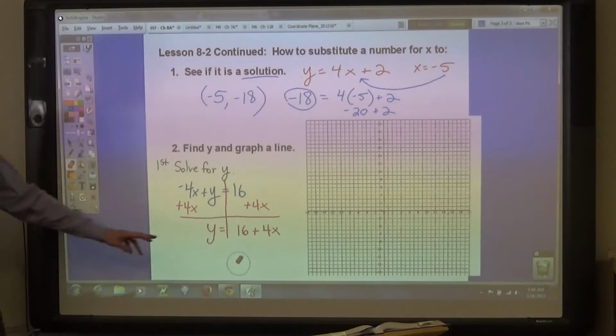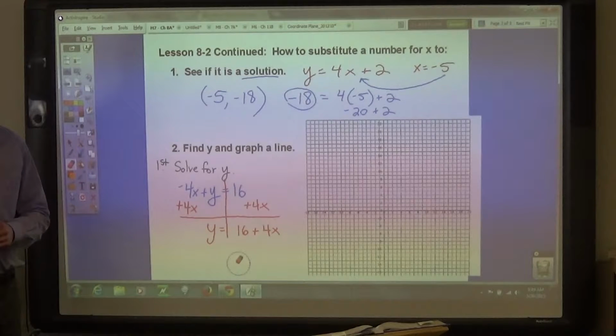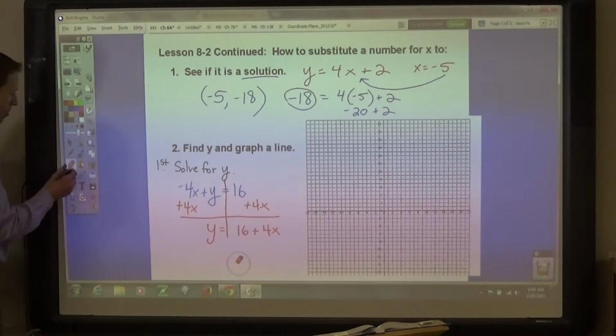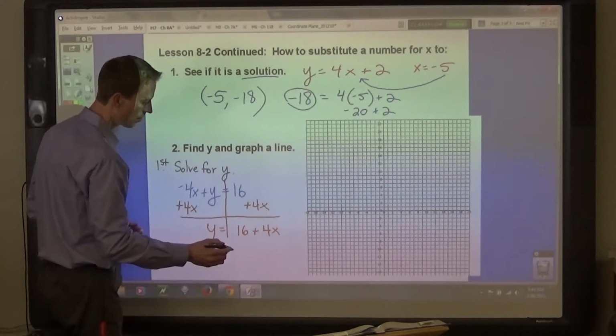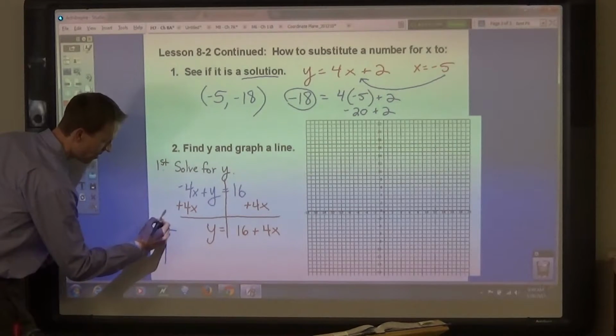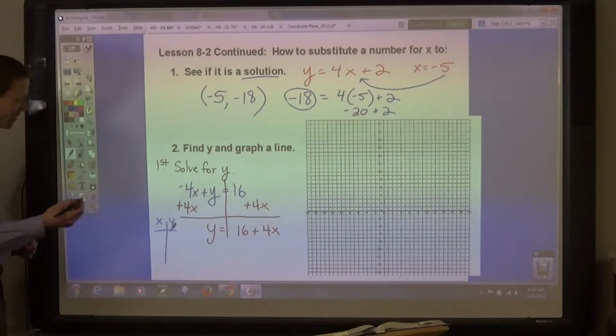Now, how are we going to use this to graph? We have to split a number into x and y. Yeah, let's choose some numbers. 1, 2, and 3. What about my favorite one, 0?